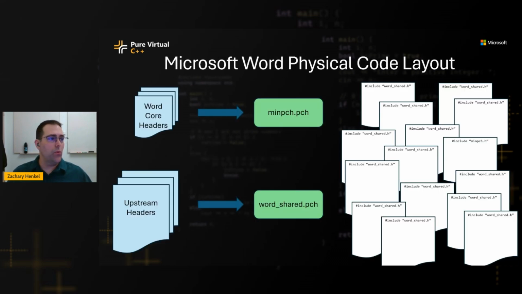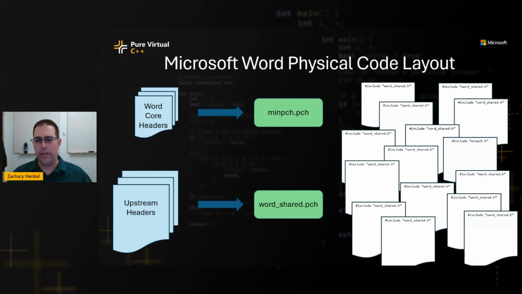So this is what Word's physical code layout looks like, at least as it relates to what we'll be talking about with header units. There are two precompiled headers that the code can select between. MinPCH is extremely lightweight. It contains the standard library, Windows.h, of course, some common Word internal helpers, and a very small subset of upstream functionality.